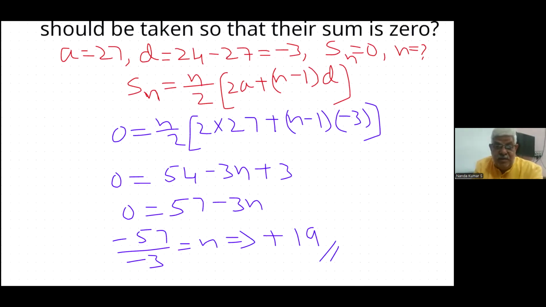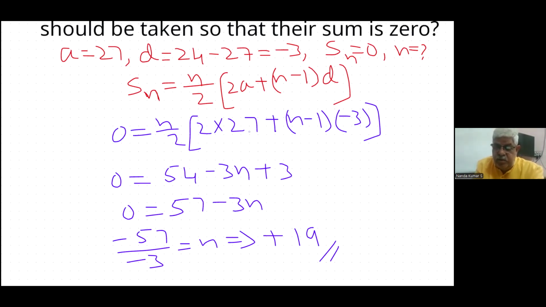The sum of all the terms is 0, they said. n, the number of terms, is the question mark. So identify the formula: Sn equals n by 2 multiplied by 2a plus n minus 1 into d. Substitute the values. Sn is 0. n we don't know, divided by 2 multiplied by 2 into 27 plus n minus 1 multiplied by negative 3.